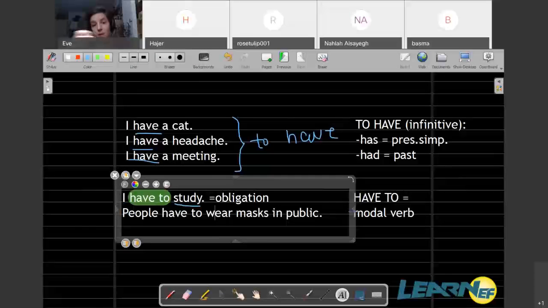It's called a modal verb, and it means obligation, the same meaning as mandatory. You have to do something because of different reasons. Sometimes there will really be some punishment, sometimes not. Like I have to study. Nobody's pushing me, but I want to study, I want to get a good grade. Okay?